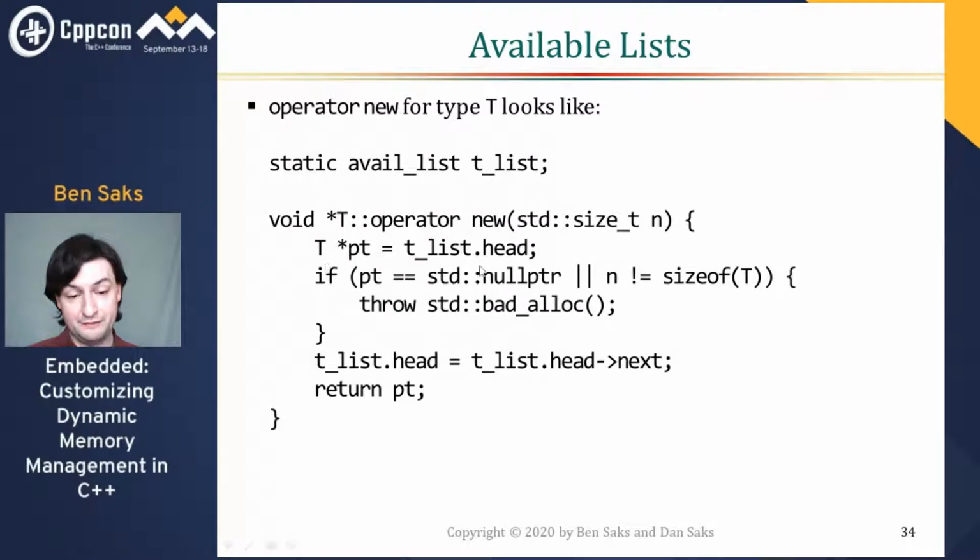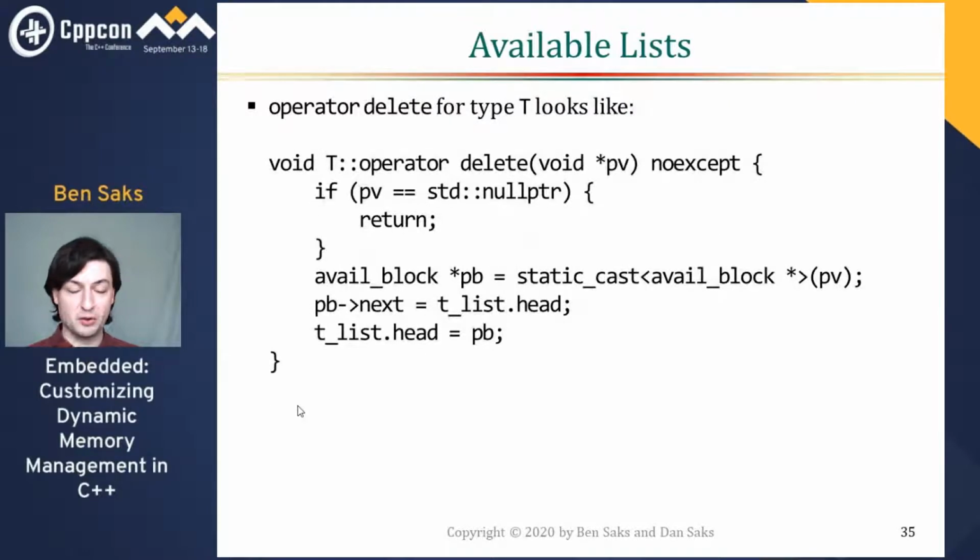But if these aren't the case, then we can successfully allocate the memory. So remove the head of the list, and return the pointer that we just got, the first block off the list, as the place to construct the object of type T. And then the corresponding operator delete first checks to see, is the pointer null?